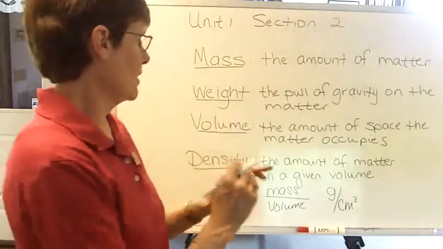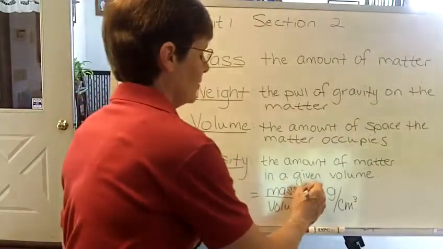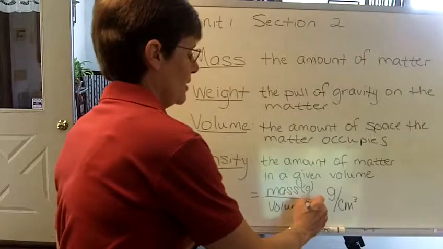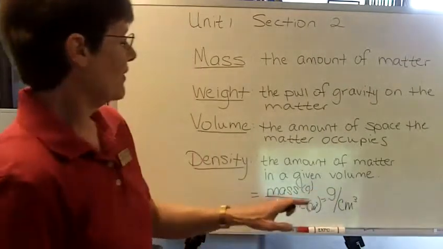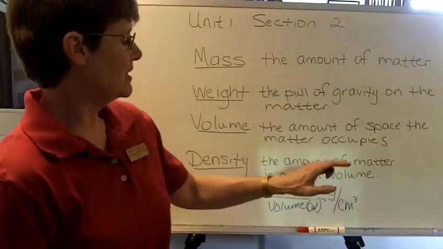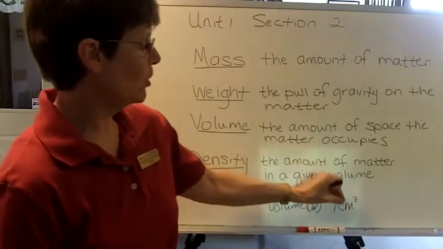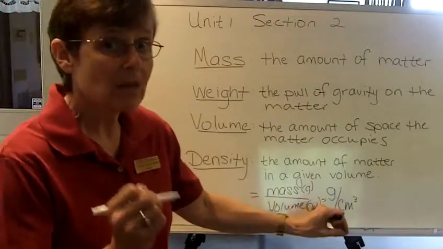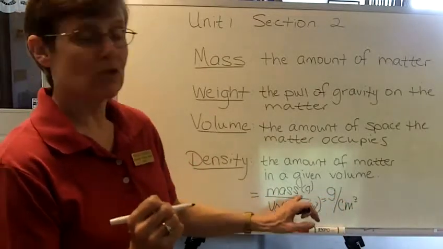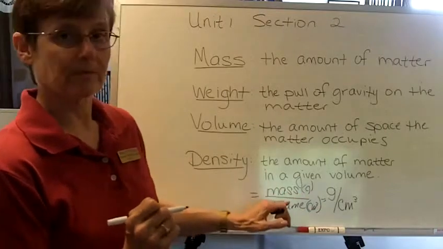And what I mean is this: if mass is measured in grams and volume is measured in cubic centimeters, then the unit on the density is going to be grams per cubic centimeter, like grams divided by cubic centimeters. You do the same thing to the units that you do to the numbers.